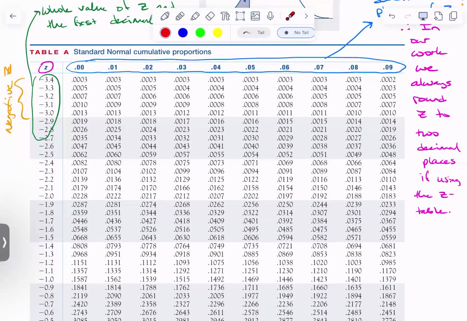Okay, so what is all this mess here? This is going to be the probabilities, right? And so here, what color haven't I used? Oh boy, kind of ran out of colors. Purple.